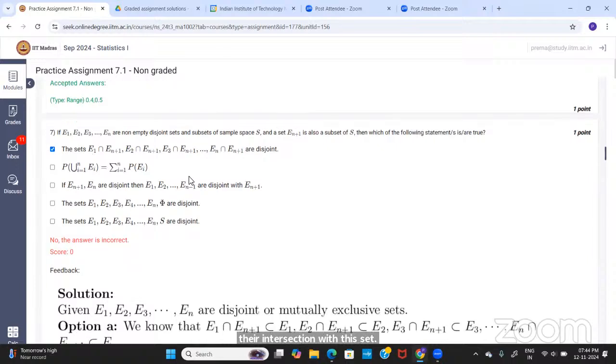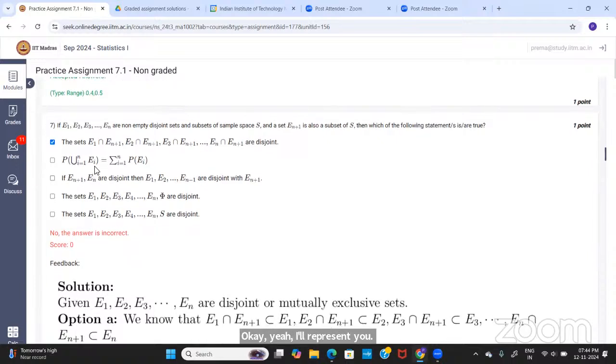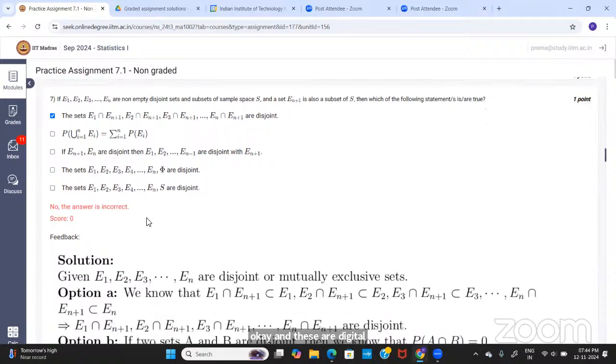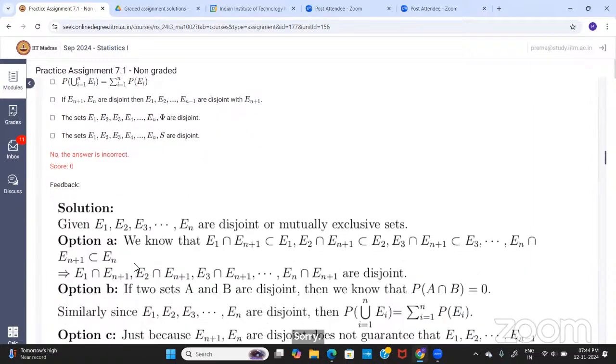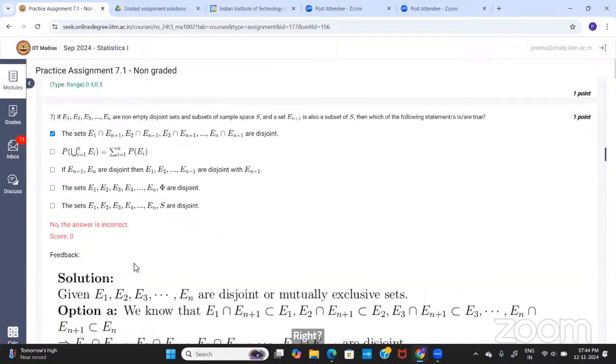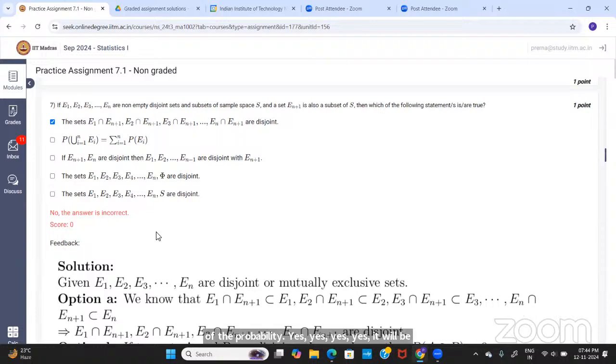And yeah, these are also disjoint, so their union will be equal to their summation, right? Ma'am, please show the second option. So the probability of the union of Ei from 1 to n equals the summation of the probabilities. Yes, it will be.